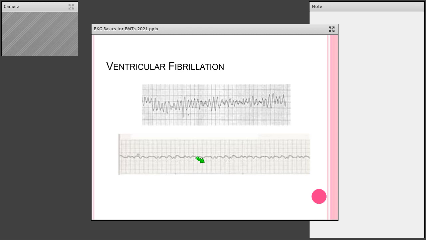And so as soon as we determine they're pulseless and apneic, we're going to start compressions and get our AED attached and working as soon as possible. That is their best chance of survival, is the electricity from the AED or the cardiac monitor to stop this so that the heart can start in its good normal rhythm again.